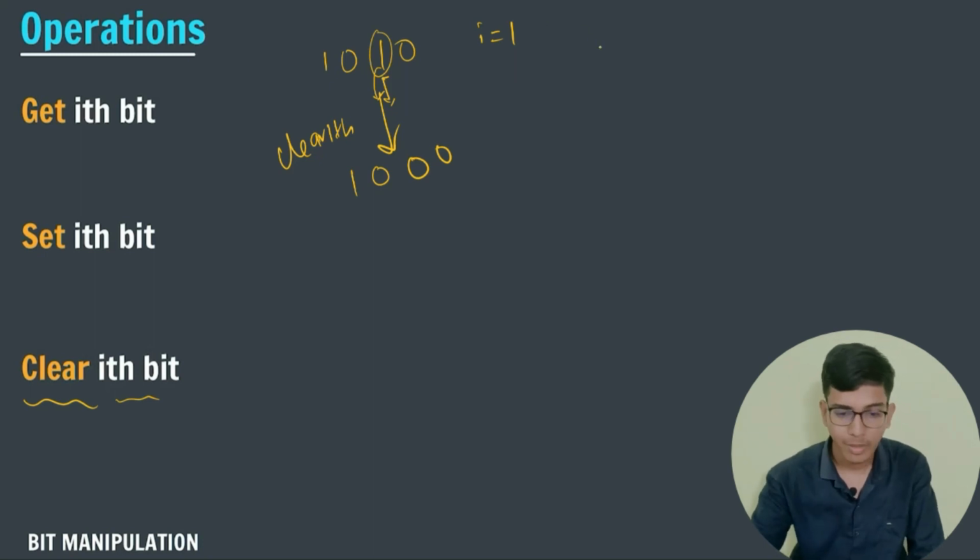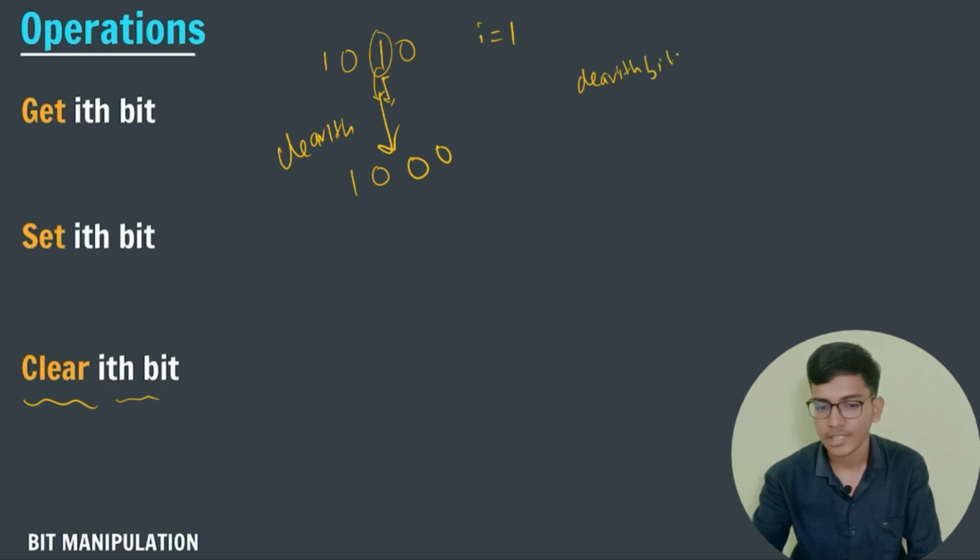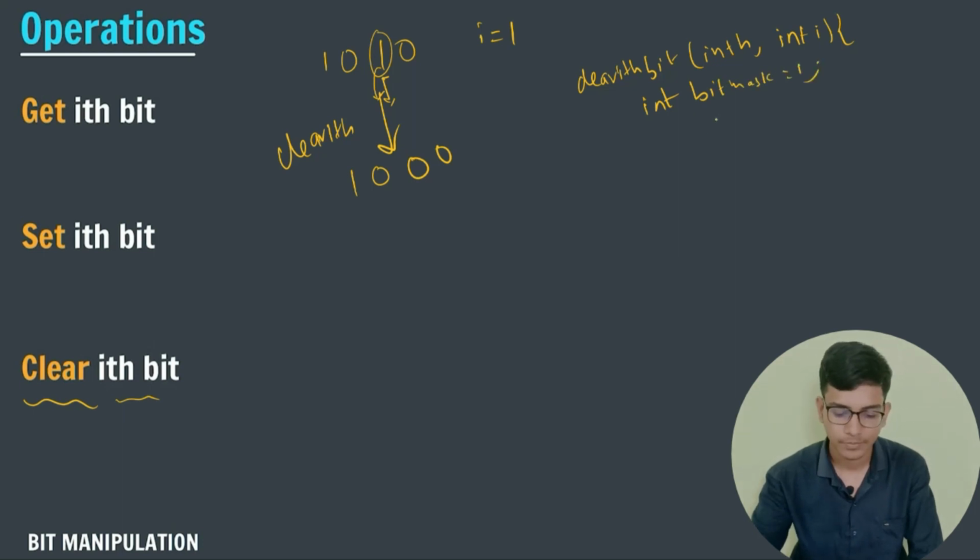So the pseudocode will be, first of all I will write clearIthBit. In this I will pass my n value, after that my ith index int i. After that I will write my bit mask equals to 1. After that I will return. Before writing that, I am going to use my ones complement. So I am going to use here 1 left shift i.